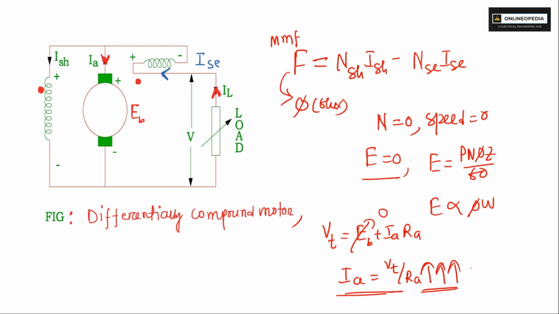That means if Ia is high, the series field current is also high. If the series field current is very high, then the MMF due to the series field winding is high at starting. So at starting, as the back EMF is 0, the starting current is very high.